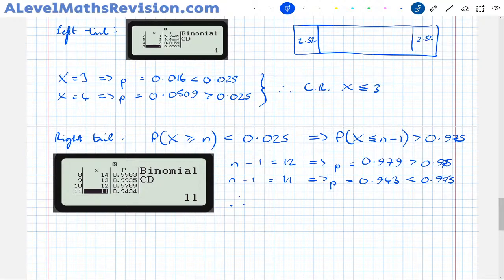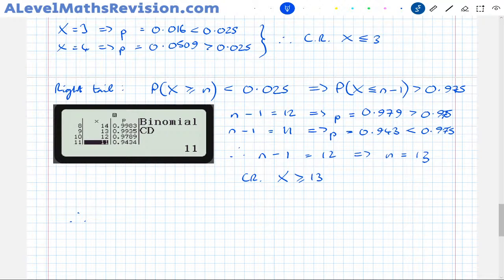Therefore, n minus 1 equals 12, which means that n equals 13. So the critical region is all observations greater than or equal to 13 would lead to rejections.